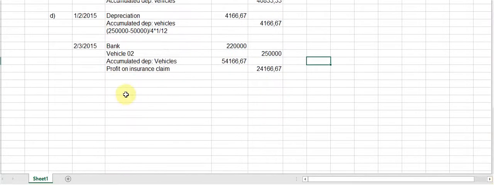And then we can move on to the required number 2. In required number 2, we need to do a PPE note, a property, plant and equipment note as at 31st December 2015. So this is called Bootbusters.